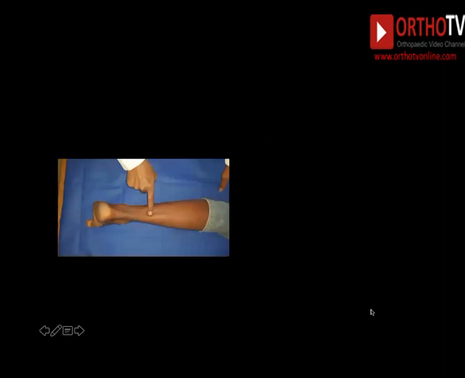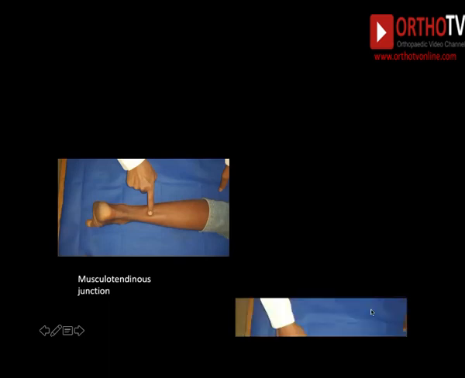Now look at these pictures. Clinically, we can diagnose so many conditions. Here I'm palpating the gastrosoleus muscle, and now my index finger is pointing at the musculotendinous junction. Any pain around here is non-insertional tendinitis, or musculotendinous junction pain.